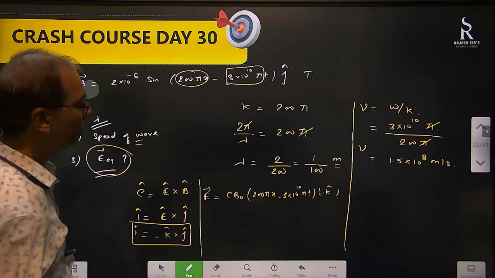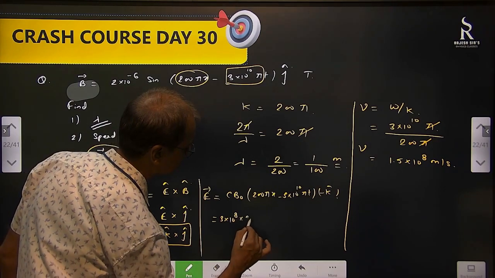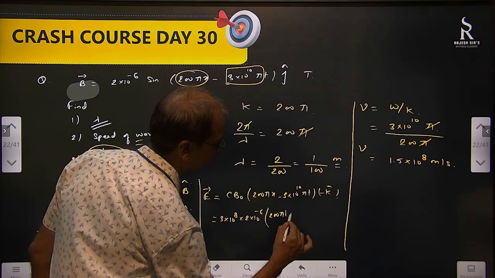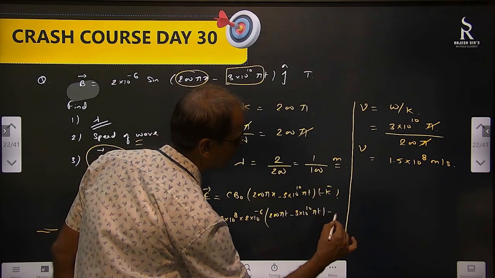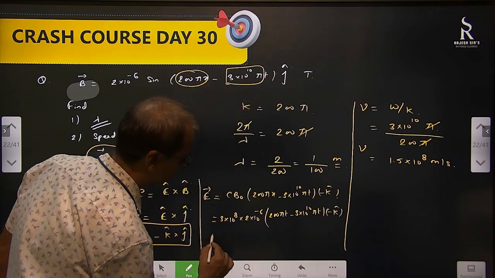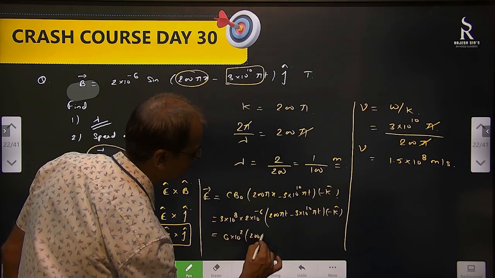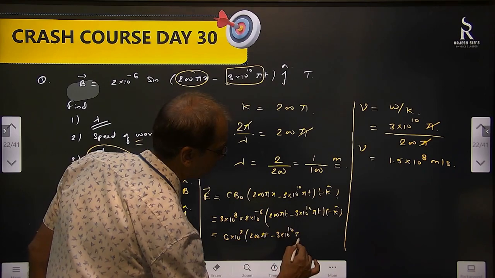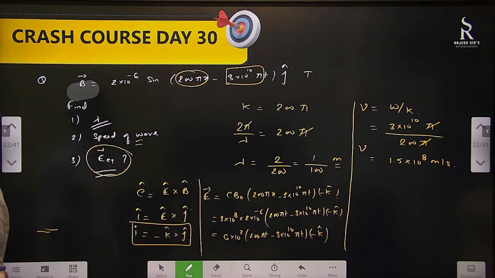So 2 into 10 to the power minus 6 into 3 into 10 to the power 8. What we have here is 6 into 10 to the power 2, sine of (200 pi x minus 3 into 10 to the power 10 pi t), minus k. This is the electric field.